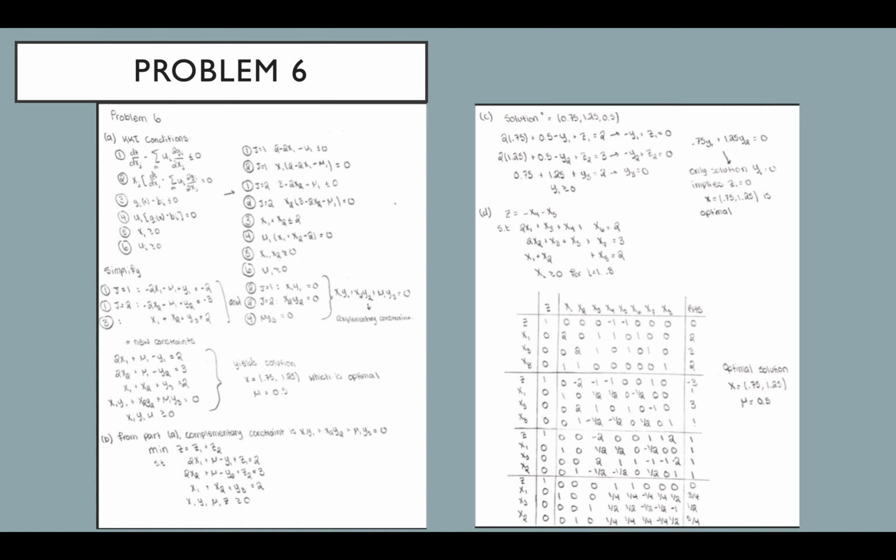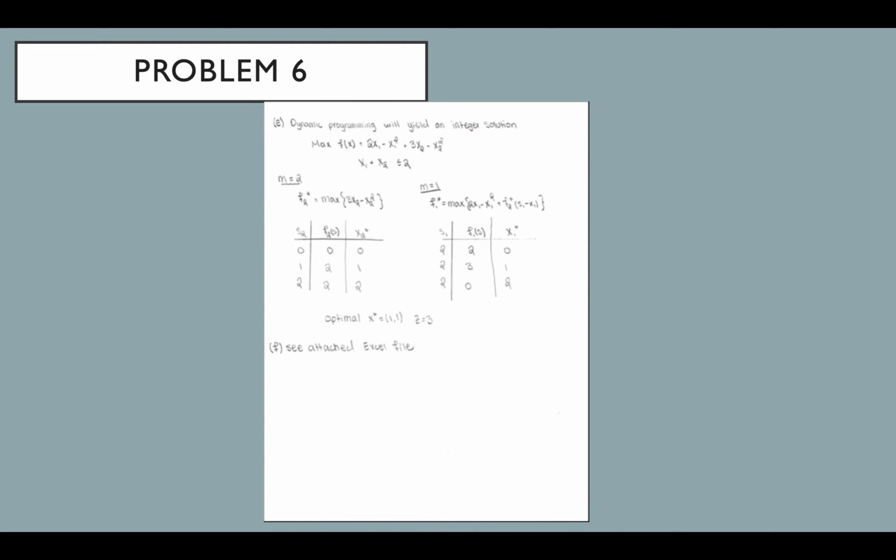In the third tableau, we choose x5 and x3. And in the final tableau, we find the optimal solution to be x1, x2 to be 0.75 and 1.25 respectively. So this is the simplex method following the rules we learned in class.